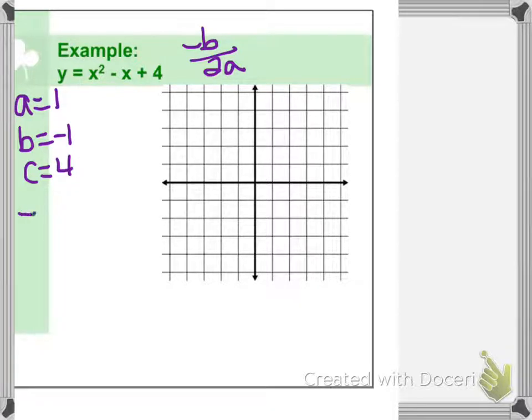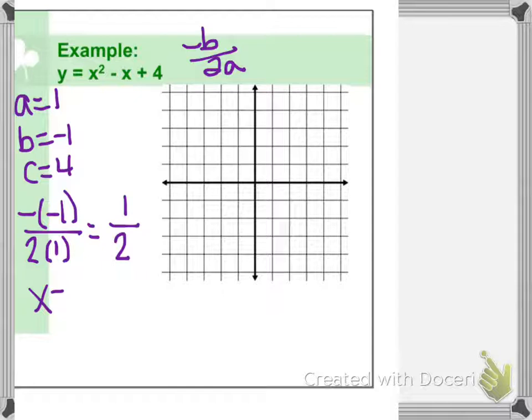So negative b is negative negative 1, over 2 times a, which is 1. So negative negative 1 is 1, 2 times 1 is 2. So 1/2 is the x-coordinate of my vertex.